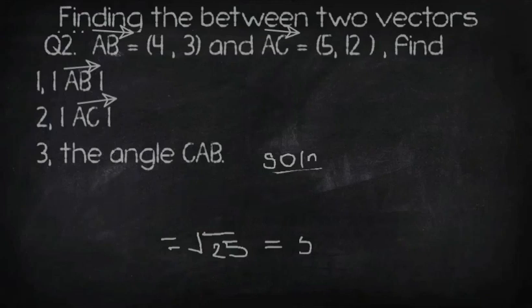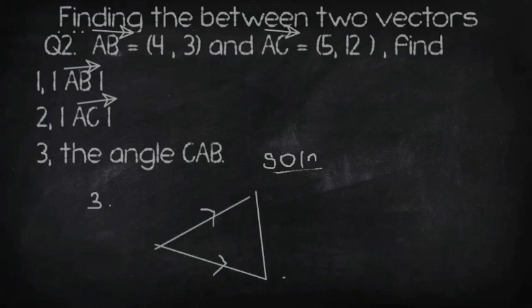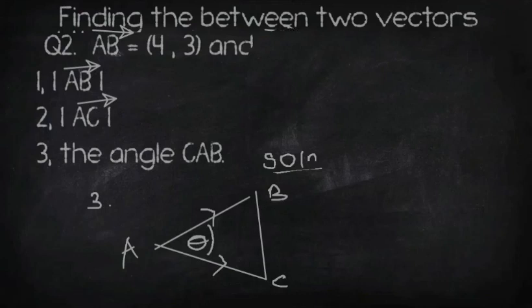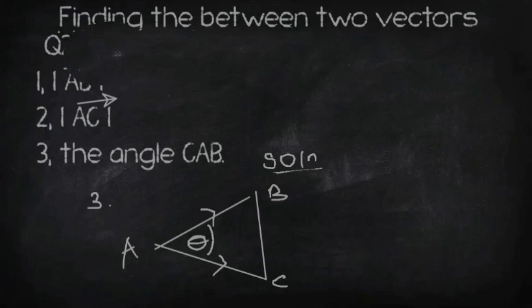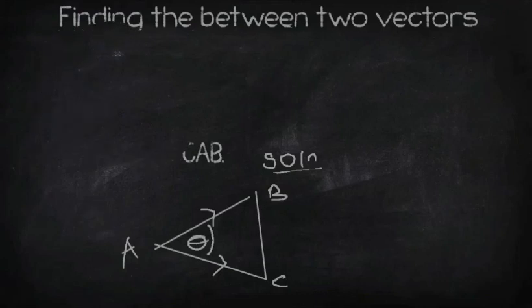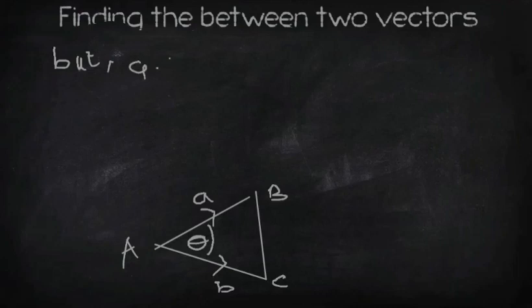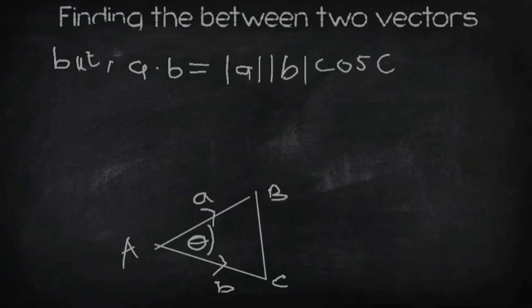Let's move on. For the angle, we have to draw the diagram to add position vectors. Let's take our position vector to be A and the other side to be B. We know that A dot B is equal to the absolute value of A times the absolute value of B times cos theta.